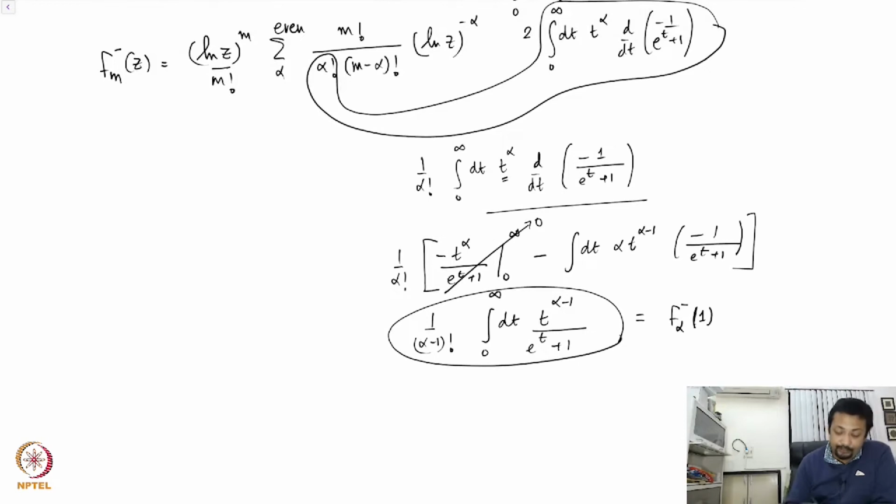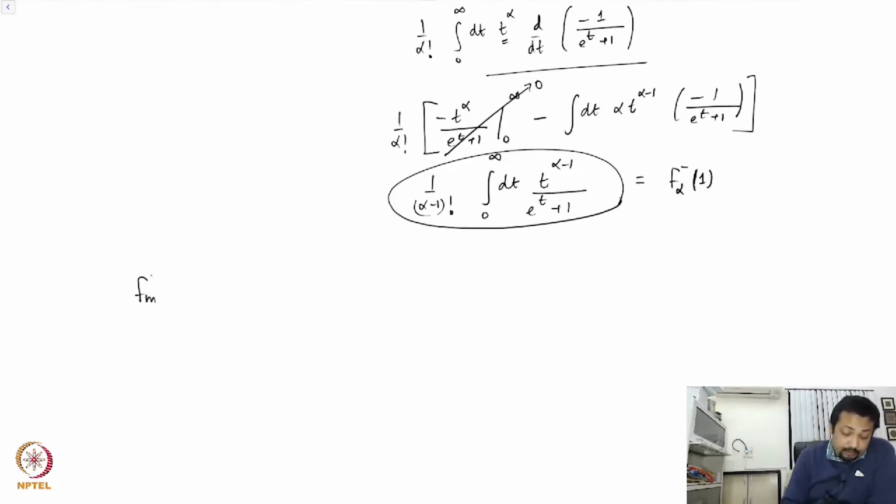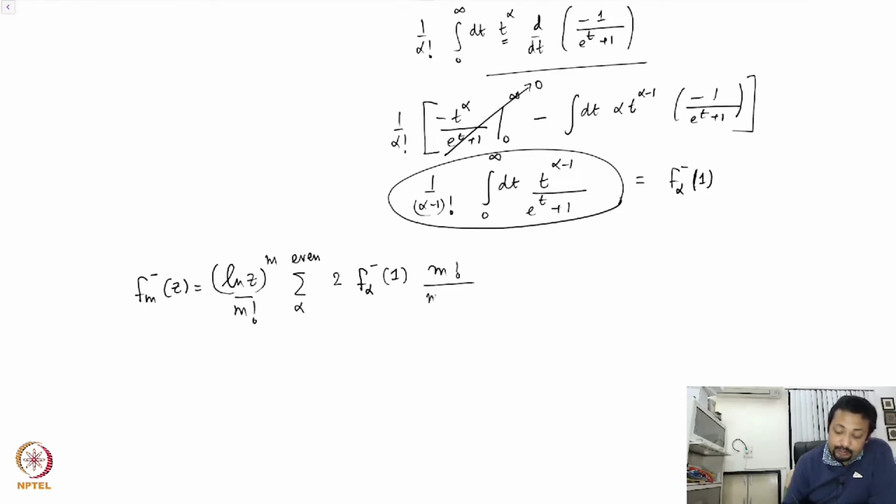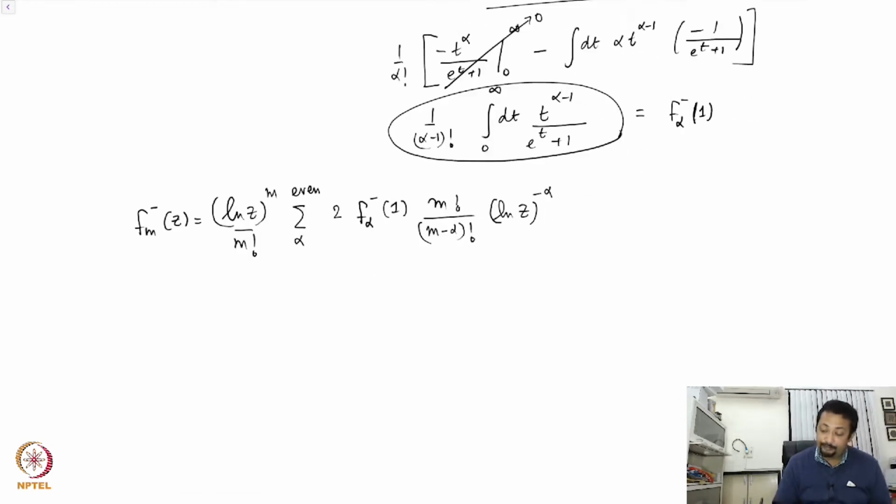So that my low temperature expansion becomes ln z raised to the power m divided by m factorial, I have the sum over alpha, where only even values of alpha are allowed, twice f of alpha minus 1 times m factorial divided by m minus alpha factorial, and then I have ln z raised to the power minus alpha, right?